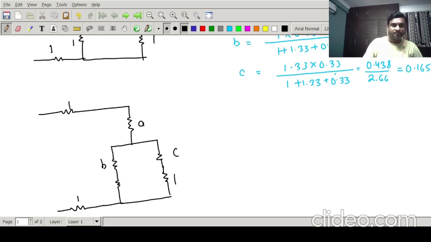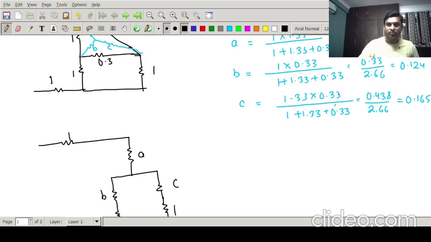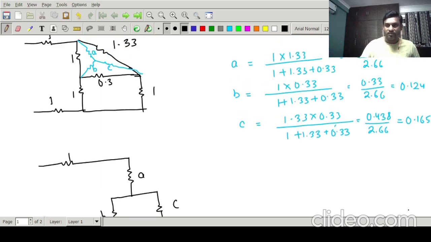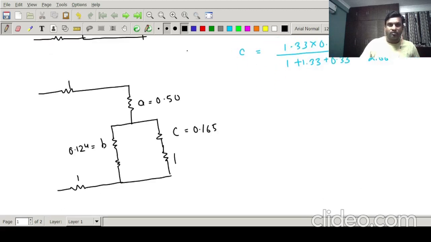Okay, so I can put these values of A, B, C correspondingly: A equal to 0.50, B equal to 0.124, C equal to 0.165.